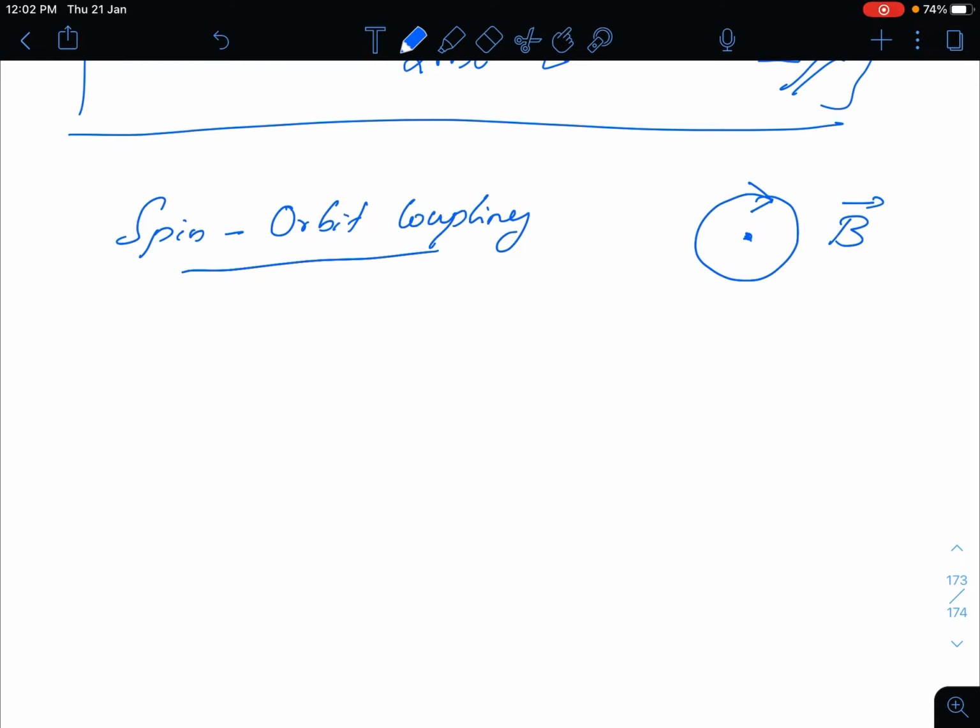Because this is a charged electron, now this is a charged electron. So proton is moving around it, positive charge. So that produces a magnetic field. So this magnetic field exerts a torque on the electron.